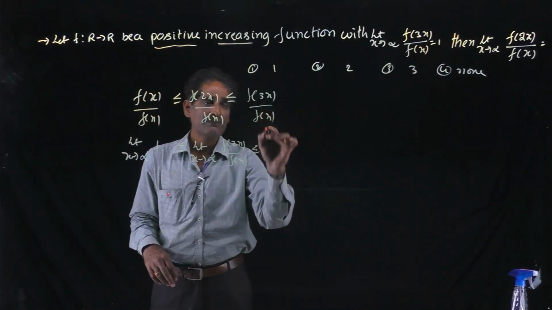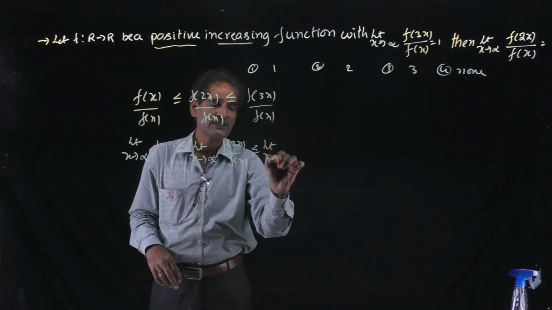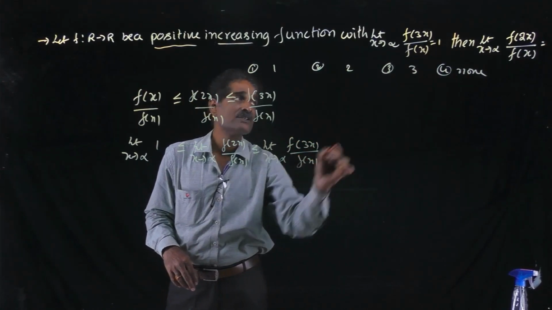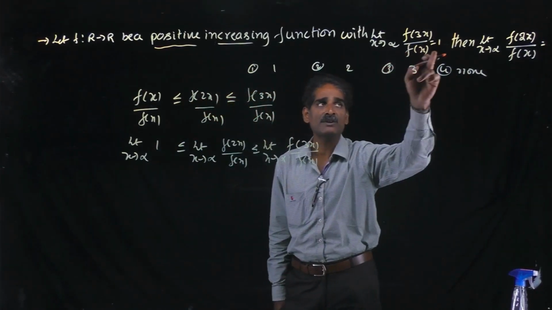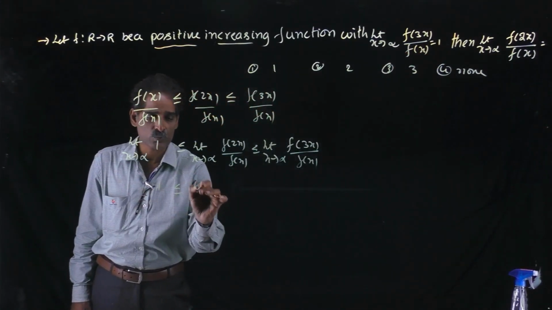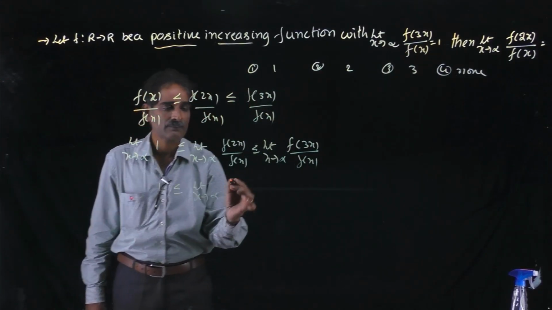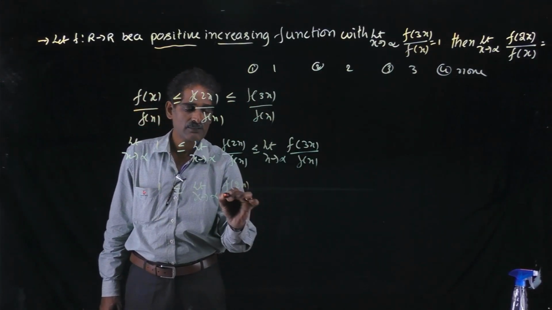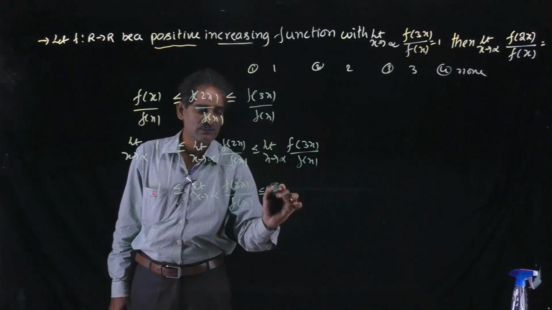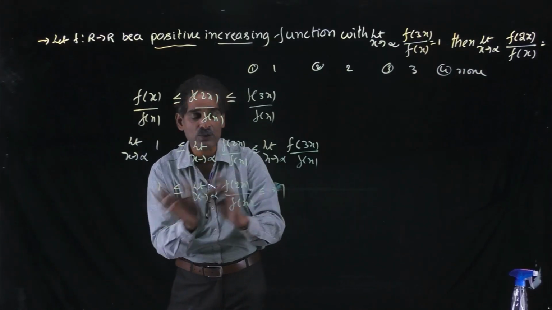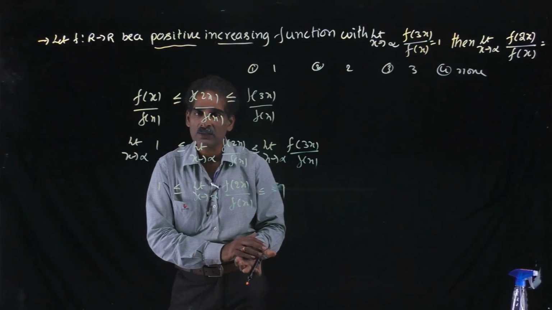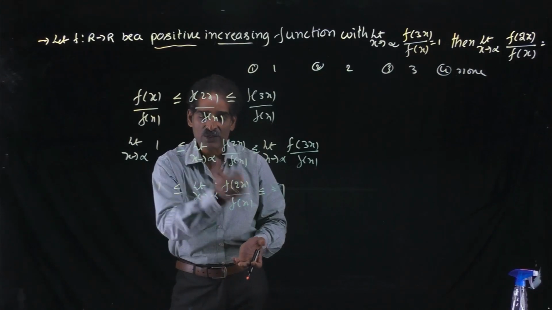And the limit of f of 3x by f of x is already 1. The value of this is 1, this value is also 1. That means 1 is less than or equal to the limit as x tends to infinity of f of 2x by f of x, which is less than or equal to 1. So this limit lies between 1 and 1. So by the sandwich theorem, the value of this expression is also 1.